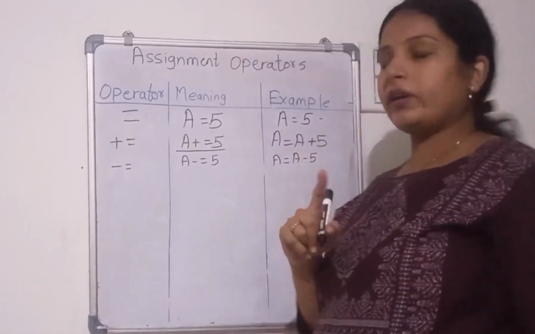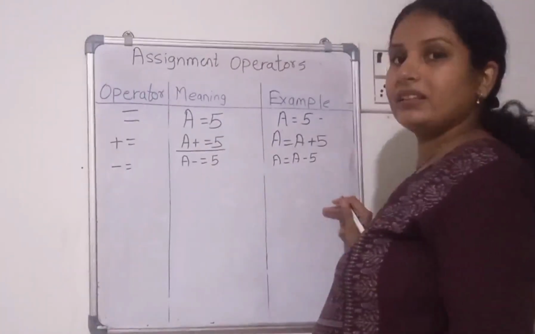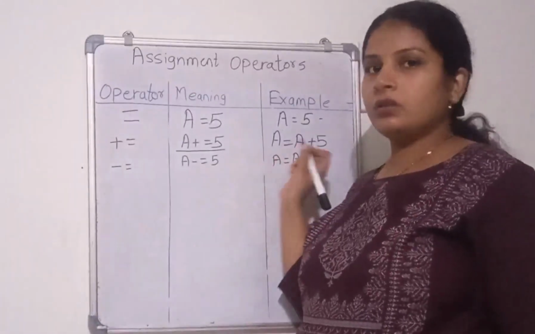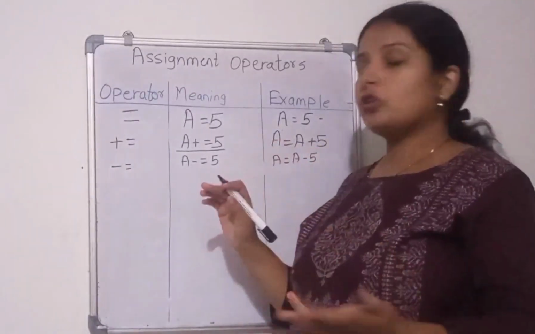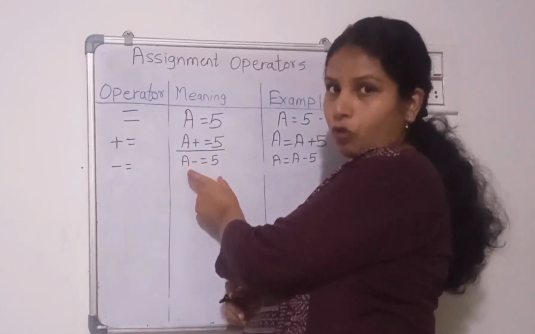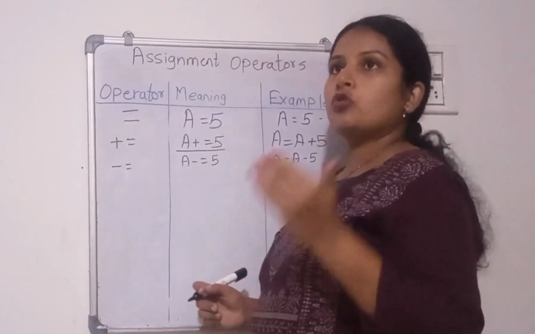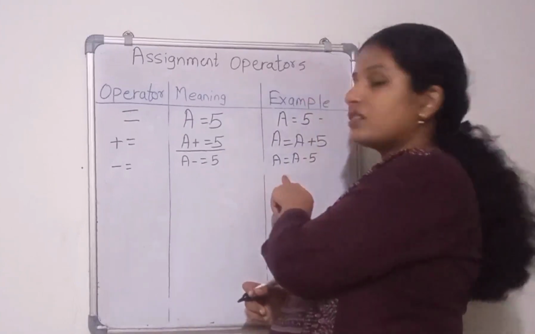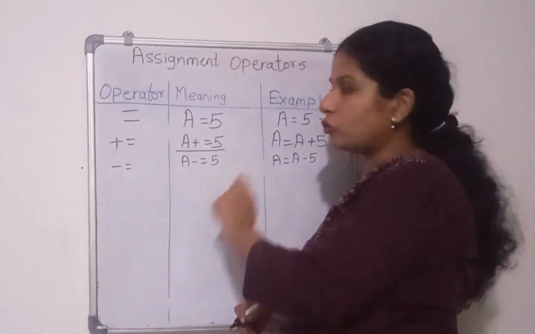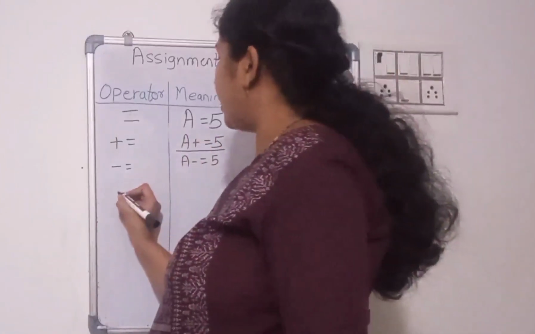Now in Python programming, you can write the expression like this also. This will be correct, you can get your output. But Python allows you to write the expression in this shortest form. So in programming languages, though this statement will also work, we prefer writing like this, especially in the Python language.